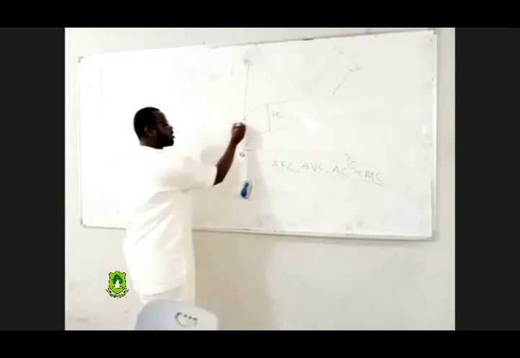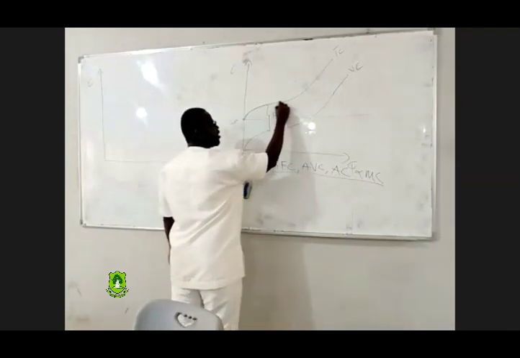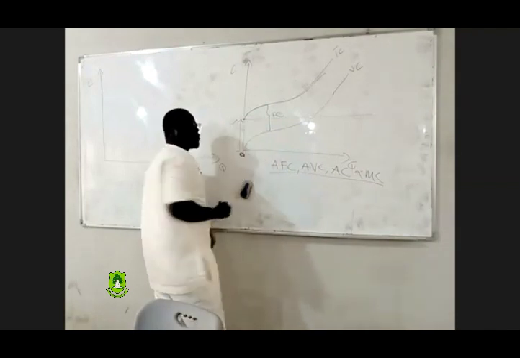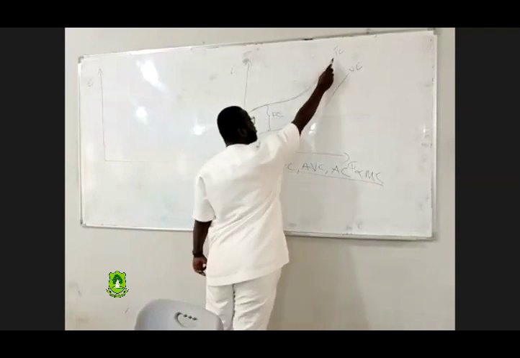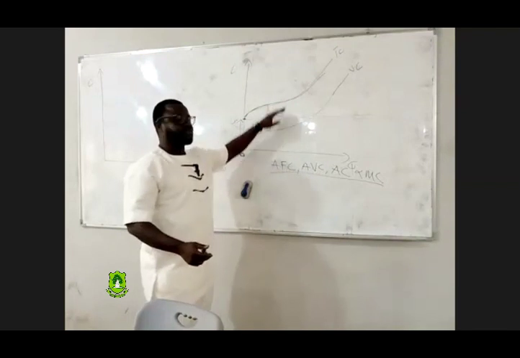It's a fixed cost. So this is a fixed cost, and the fixed cost is fixed. But you look at this one, it's not fixed. From this point to this point, that is the fixed cost. And because it is beginning from here, it becomes the total cost, because that variable aspect has been added.